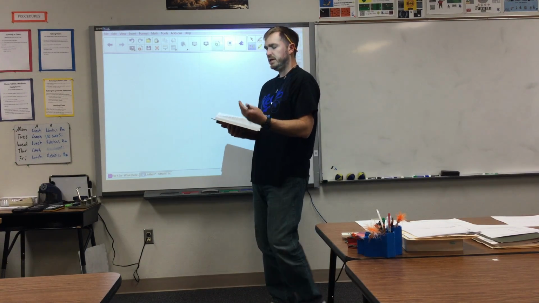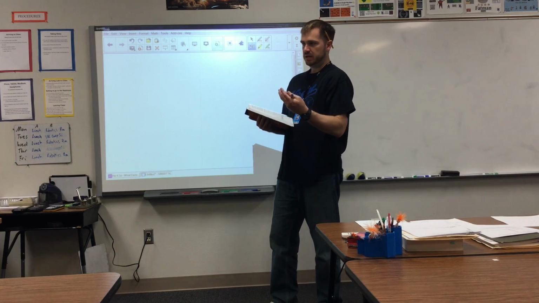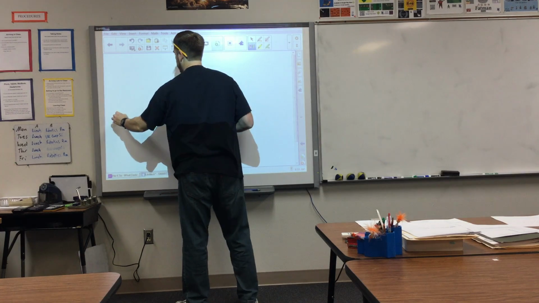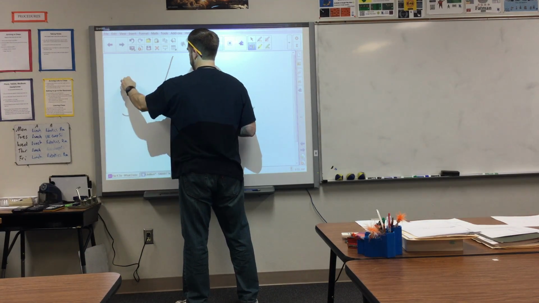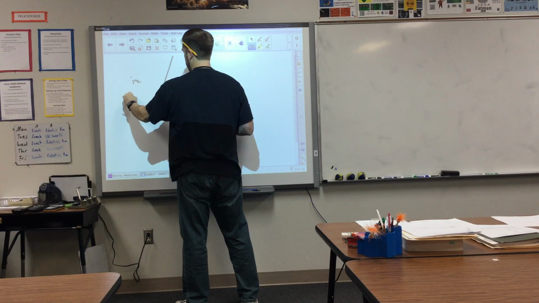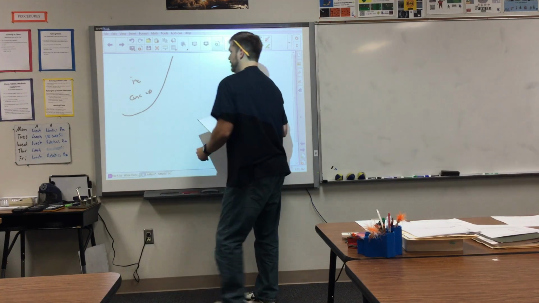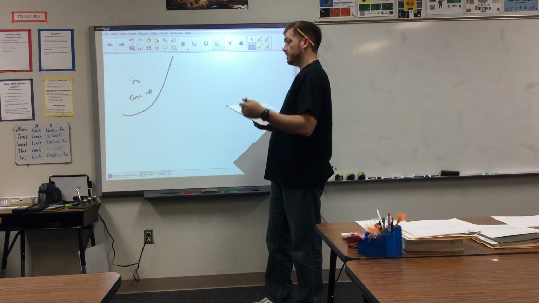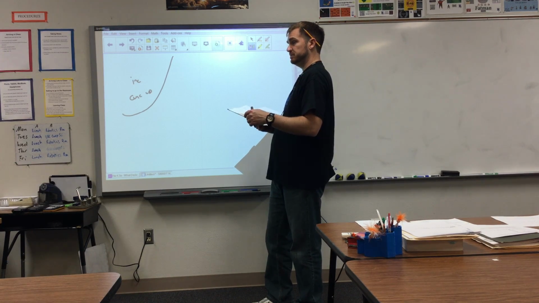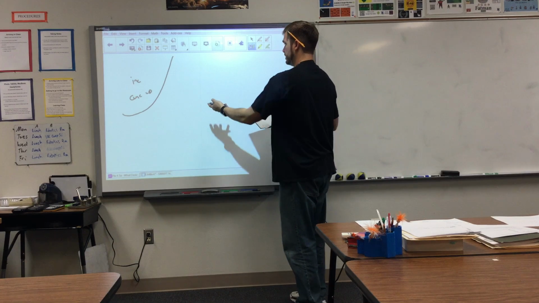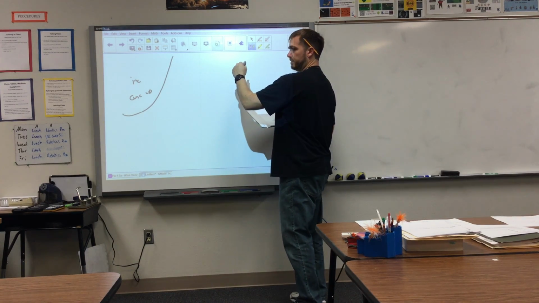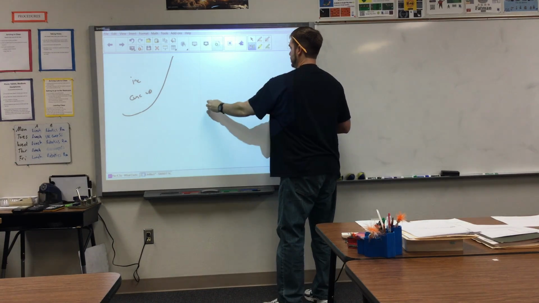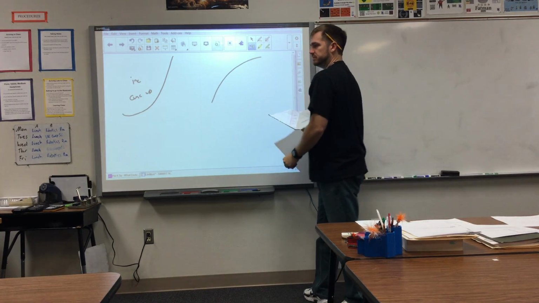Also, the difference between increasing and concave up. Okay? Clearly, this is increasing and concave up. Question is, can you have increasing and concave down? Can you have something increasing but have it be concave down? Yeah, what would it look like, Rajal? Something kind of like that.